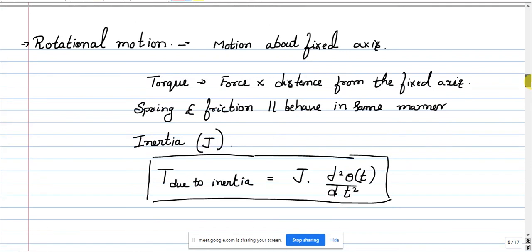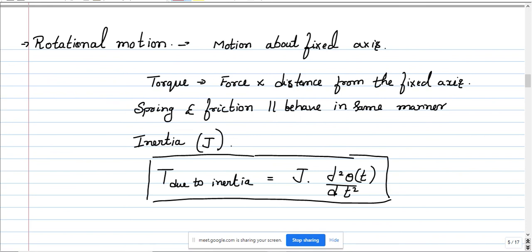Similarly, what happens when a mechanical system is subjected to rotational motion? This topic was discussed earlier, but due to a network error I was unable to convey it, so I will just give a brief description.